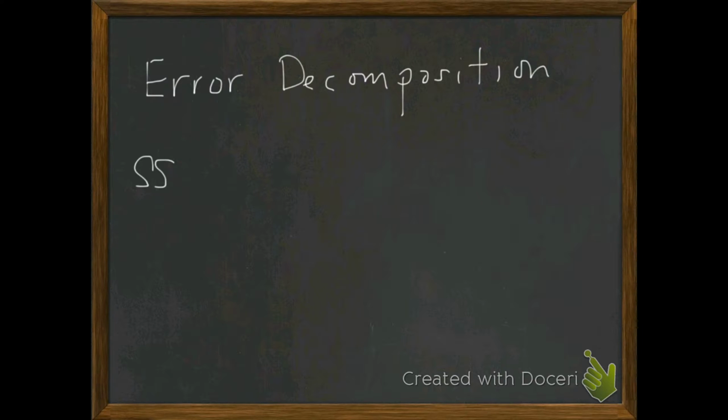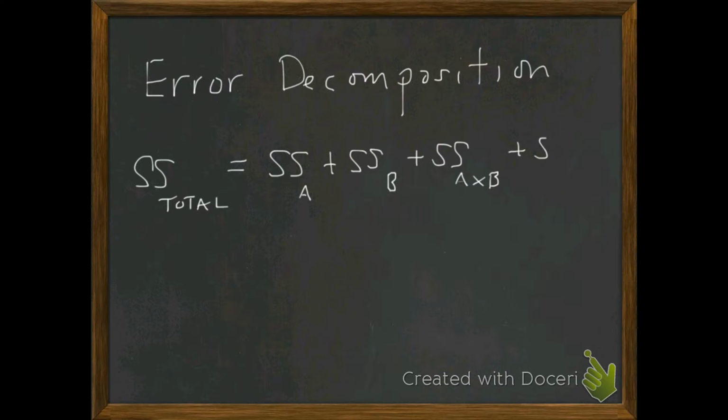Ultimately we're going to have a total sum of squares, which is the sum of squares for factor A plus the sum of squares for factor B, plus the sum of squares for the interaction, plus the sum of squares for the error.